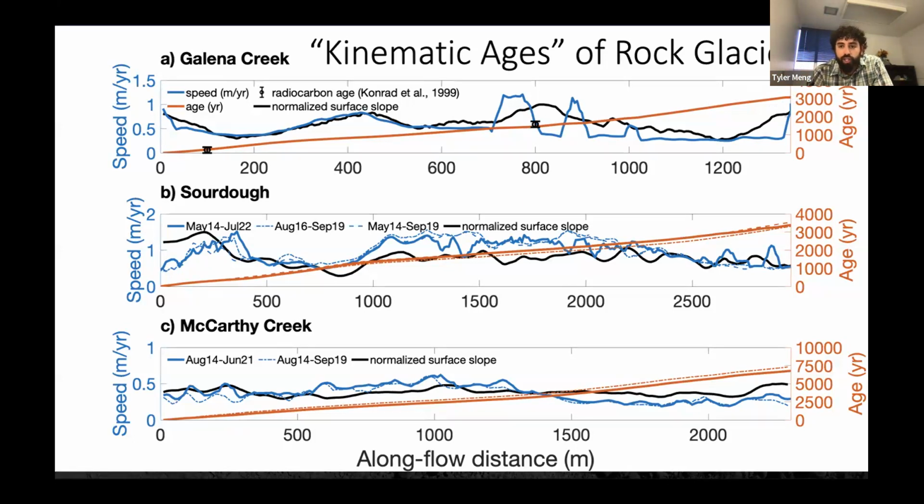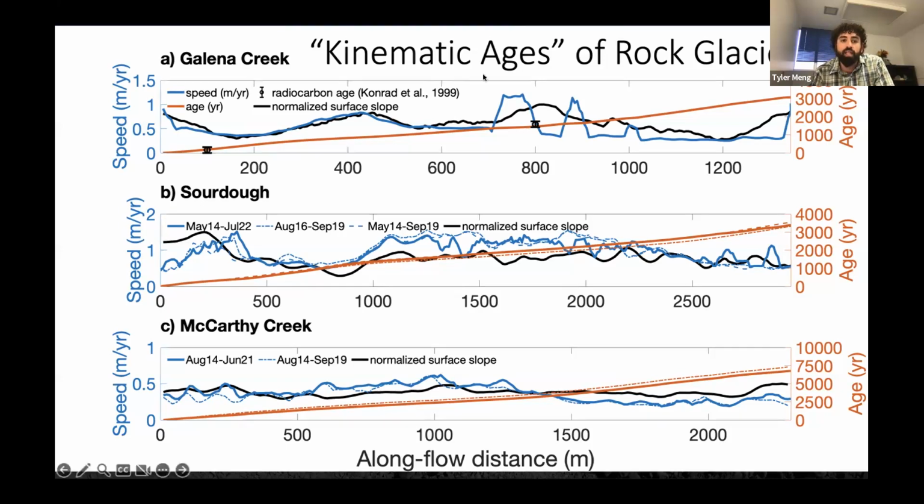this rock glacier feature. So we did this at Galena Creek, and the terminus age is consistent with this value, a little bit over 3,000 years, which is consistent with an accumulation starting sort of in the mid Holocene, this kind of neoglacial accumulation period.